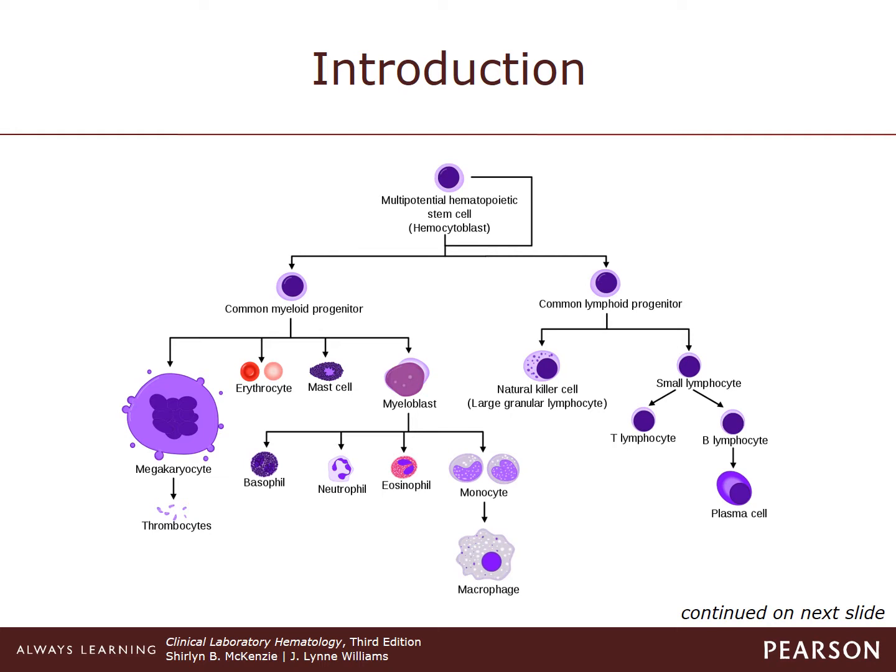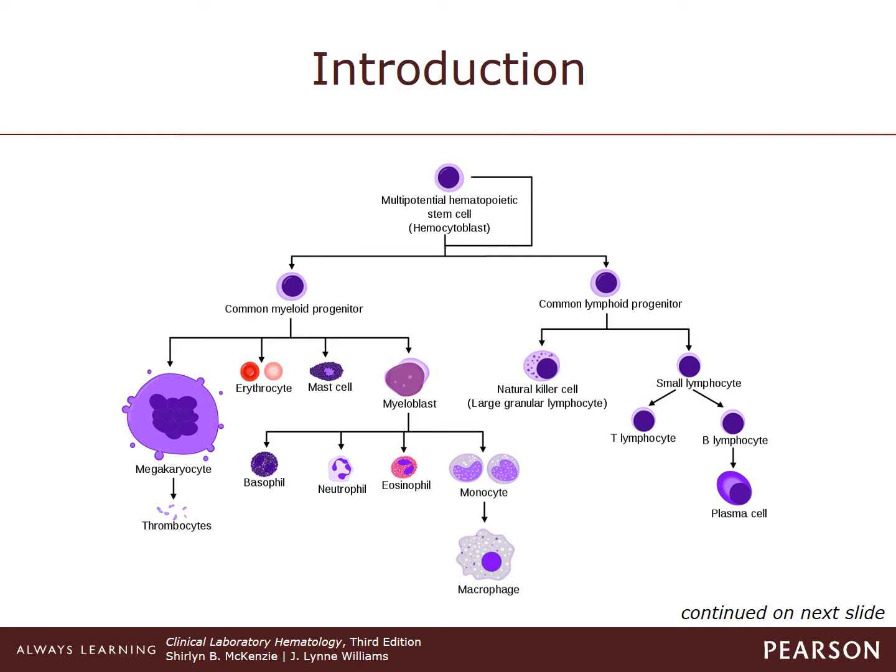Mature white blood cells fight infection either by engulfing the foreign invader, which is done by granulocytes and monocytes, or by developing an adaptive immune response, such as monocytes and lymphocytes.